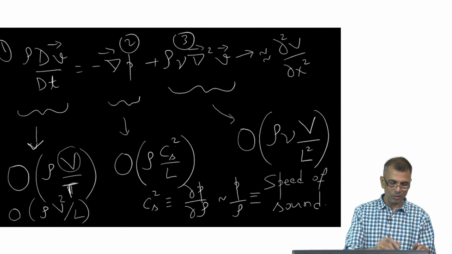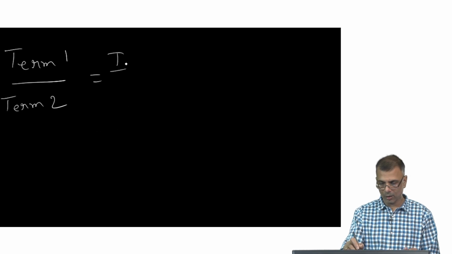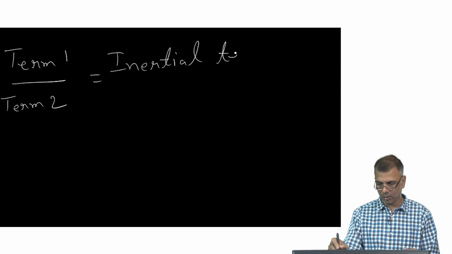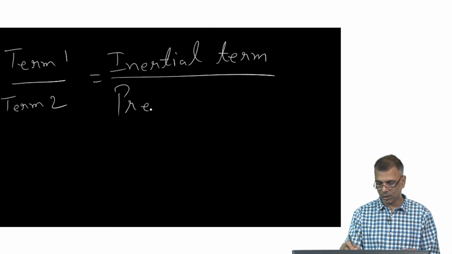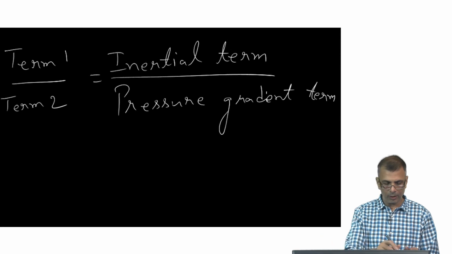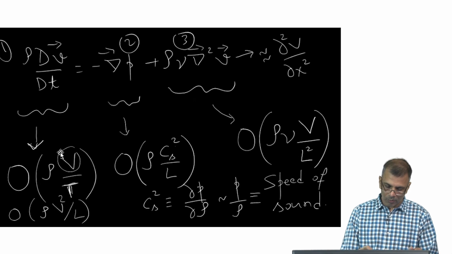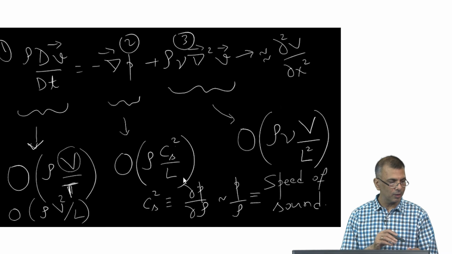So I would say the ratio of the inertial term to the pressure gradient term would be some rho v squared over L divided by rho Cs squared over L.